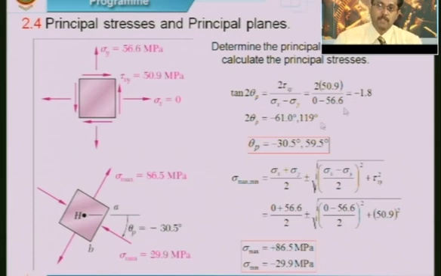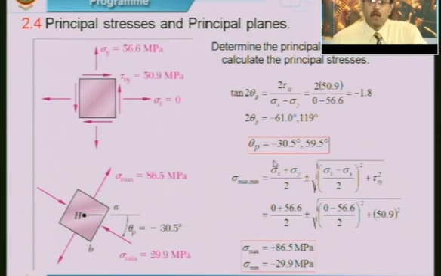From this we get theta p, the principal plane, which is equal to minus 30.5 and 59.5, which differs by 90 degrees. The same thing is indicated in this diagram. The principal plane is inclined at minus 30.5 and 59.5 degrees.